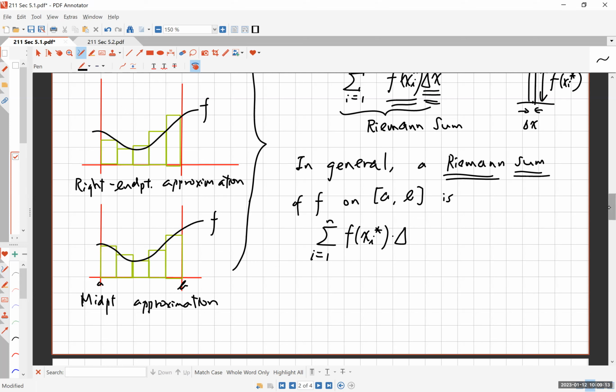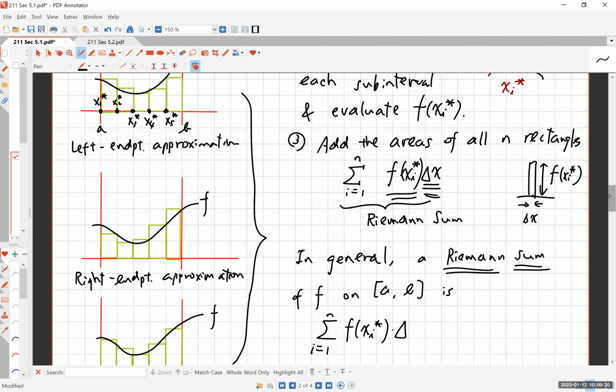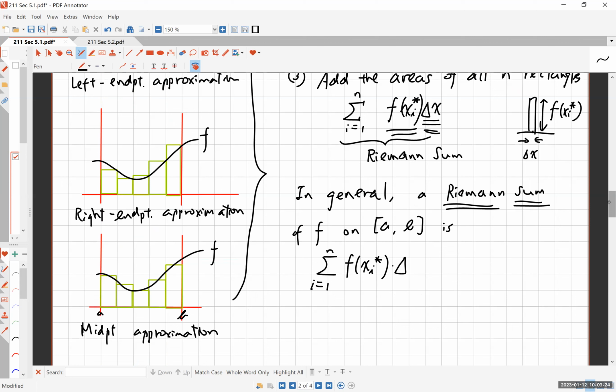And if you don't have a regular partition, which means that maybe the delta x is going to be different, maybe each subinterval is of different length, the first one being delta x_1, the second subinterval being delta x_2 in length, and so on, then you can also vary these. And so this will give you the same thing, right?